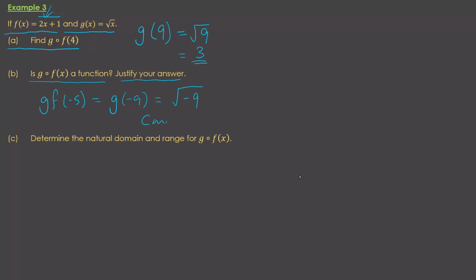And that cannot be done in reals, and we are dealing with reals in functions. Therefore, it's not a function for all x belonging to reals. All reals can go into f, but the output from that can't all go into g.